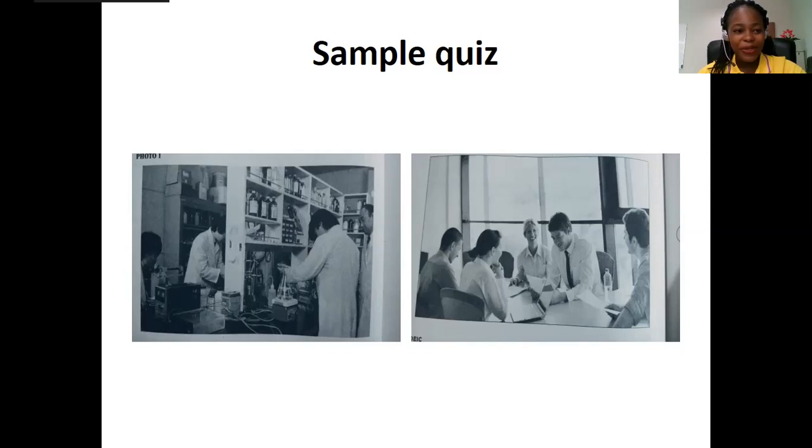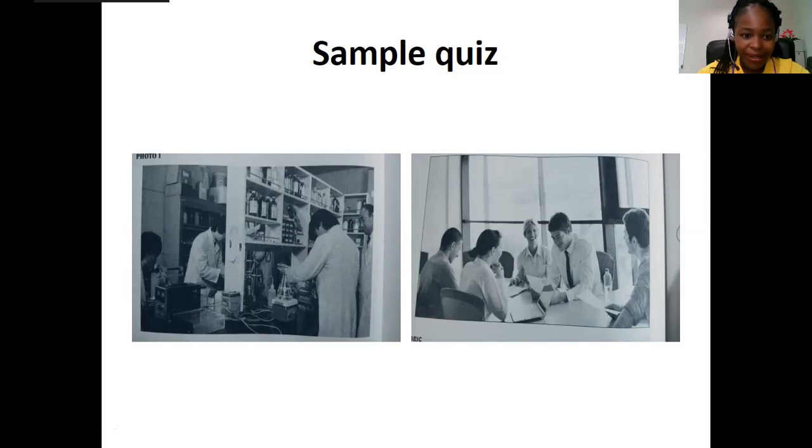So from the statements you've heard about these photographs, I hope you are able to get the correct answer. And I will repeat the statements once again after highlighting a few things. So when we look at the photos, on photograph 1, you can see 4 people.